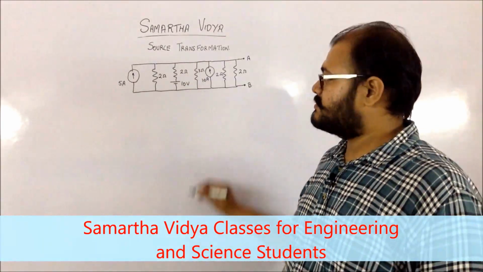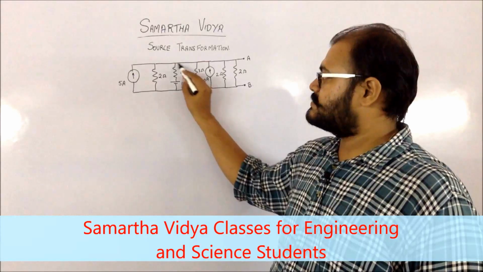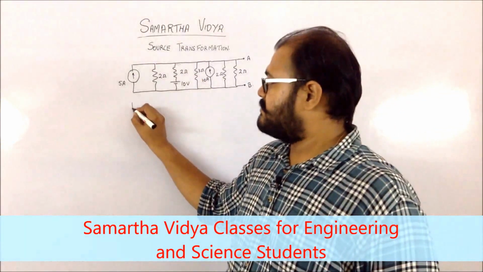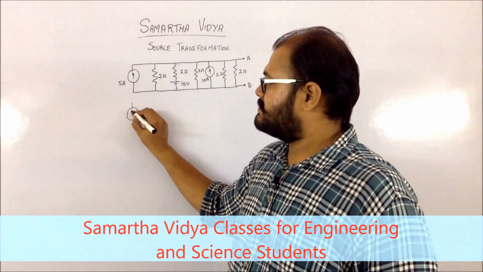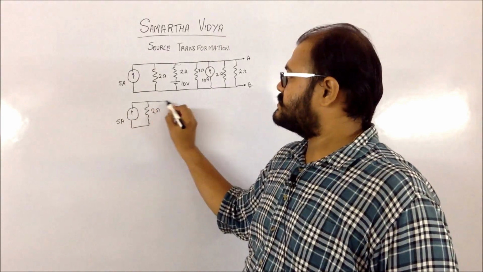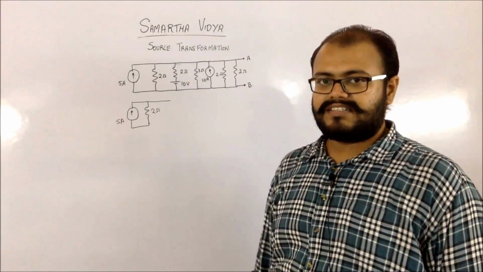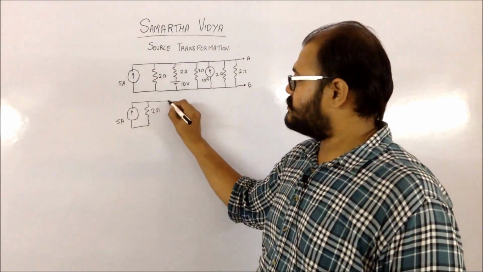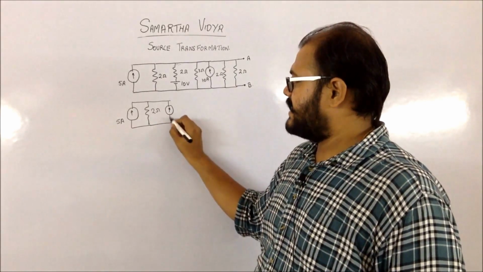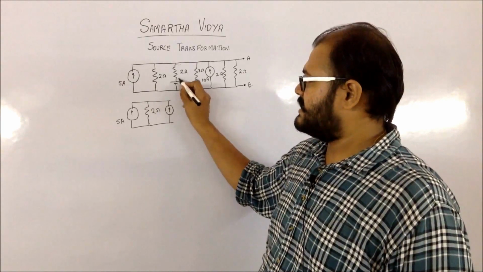So in this case, we will first convert this voltage source to a current source. The remaining circuit will remain the same, and this voltage source will turn into a current source. I will represent this current source over here. The direction of the current is from negative to positive.